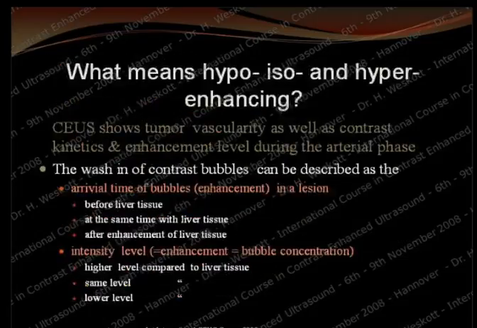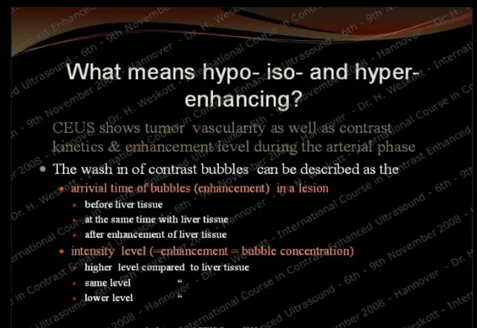Contrast-enhanced ultrasound shows the tumor vascularity as well as contrast kinetics and enhancement level during the arterial phase. So the wash-in of contrast bubbles can be described as the arrival time of bubbles in a lesion, before liver tissue, at the same time, or after the enhancement of liver tissue. And it is important to look at the intensity level.